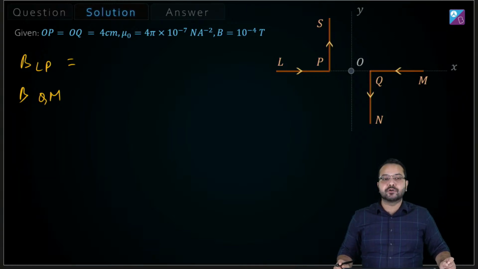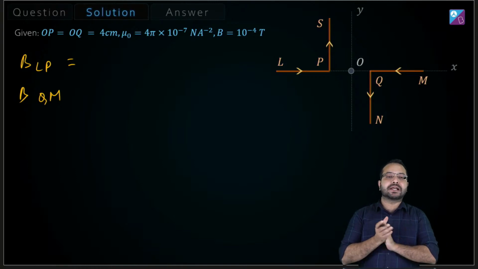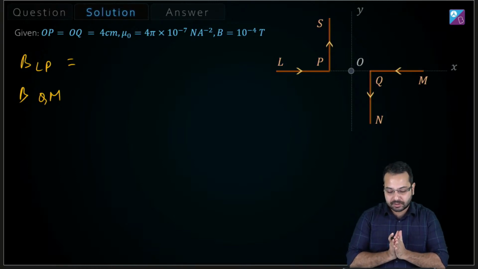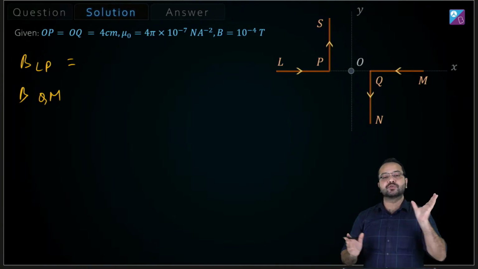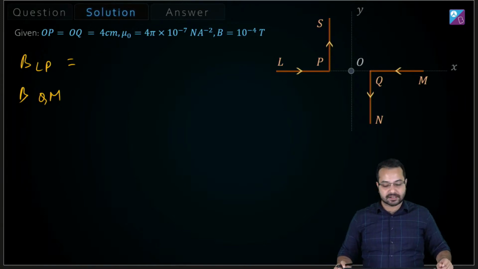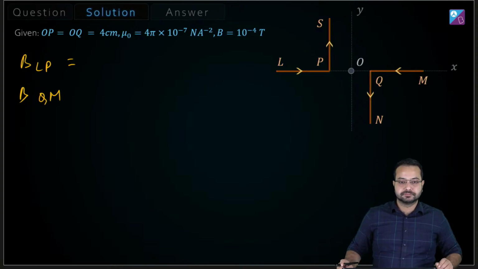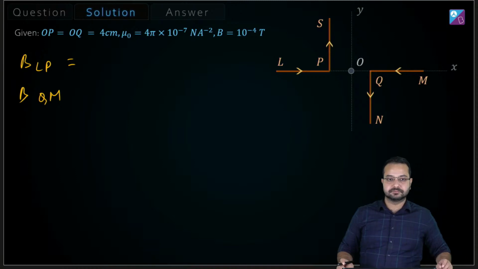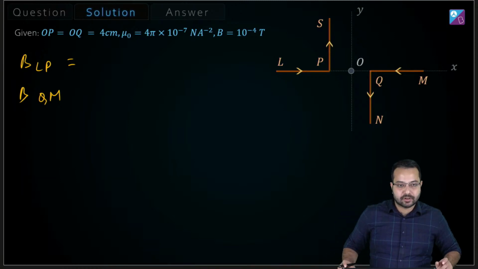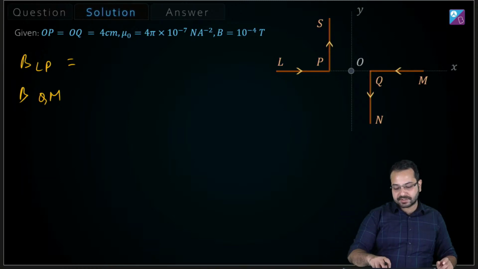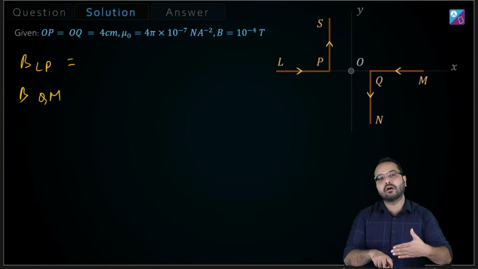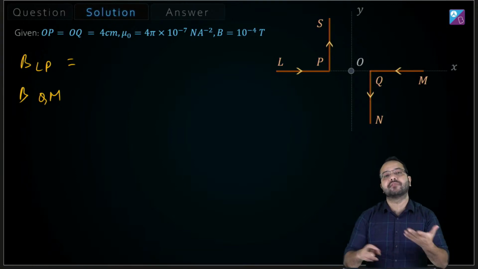Come on guys, quick. What will be the magnetic field due to these two segments? Let's first understand that. Zero. Absolutely, because they are lying along the direction of the wire itself.